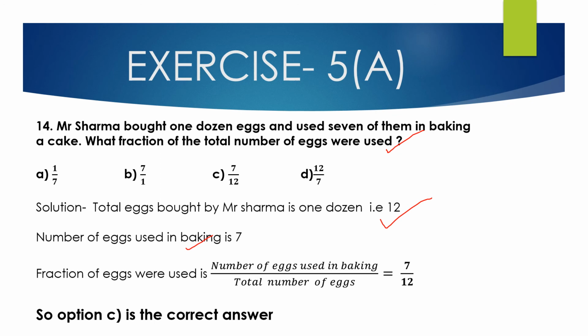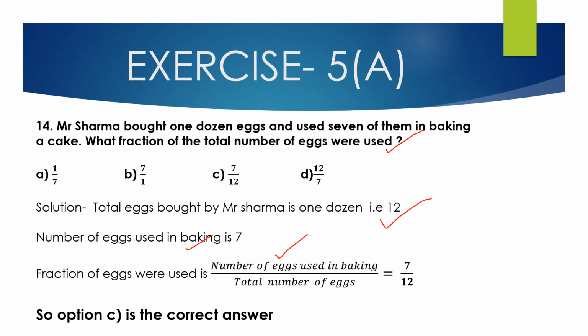We have to find the fraction of eggs that were used, which is the number of eggs used in baking divided by the total number of eggs he has bought. The number of eggs used in baking is 7, and the total number of eggs he bought is 12.